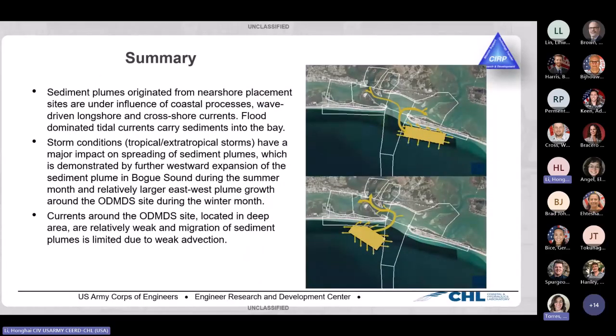So I drew two figures. These two are nearshore sites. You see the transport is mostly caused by advection, like tidal current, at these two nearshore sites. And the small area represents diffusion stirred by the storm condition.